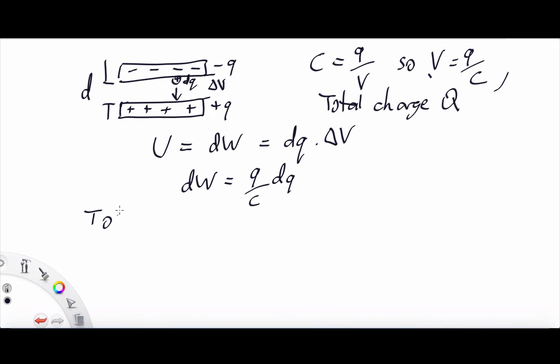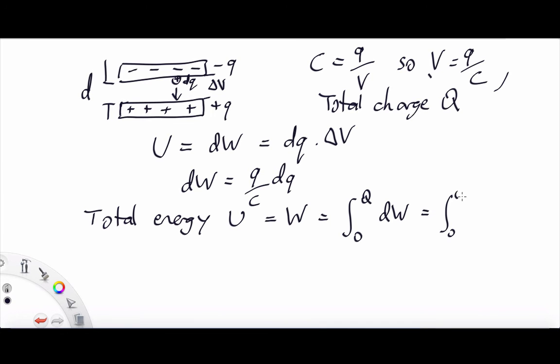So the total energy, we'll call it U, that will be the energy stored once we've done the total amount of work, will be the integral from zero charge up to a maximum charge of that small amount of work for each charge. And that gets us the integral from 0 to Q of Q over C times dQ.